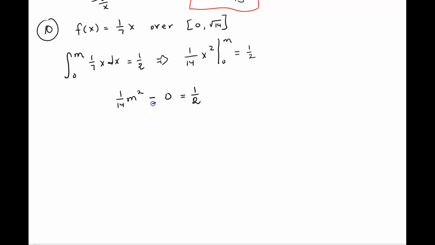We really don't concern ourselves in this case with the 0. We can multiply both sides by 14, which has the effect of getting rid of the fraction, and 14 over 2 is 7. So in order to find out what m is, all we need to do is take the square root. We can say then that m equals the square root of 7 in this example.